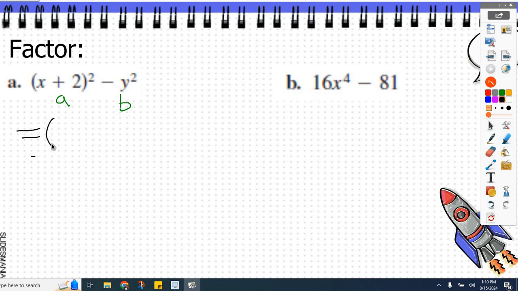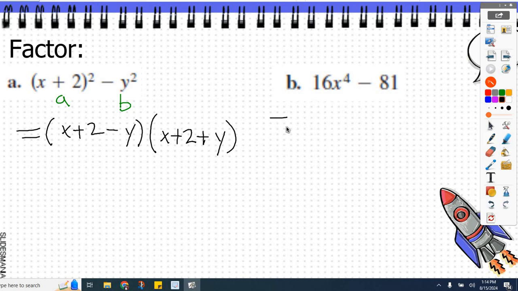It's still going to be A, so x plus 2, minus B, so y, times A, so again, x plus 2, plus B, which again we said is y. Do we all see where we're pulling those from? Alright, looks like most of us are getting there.